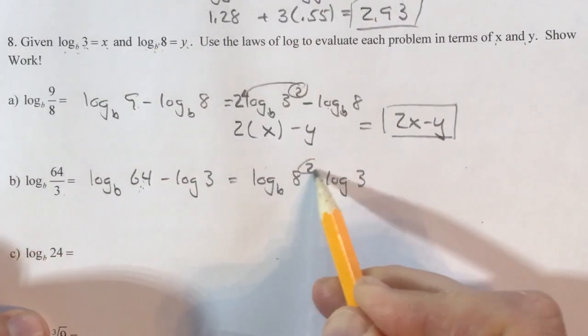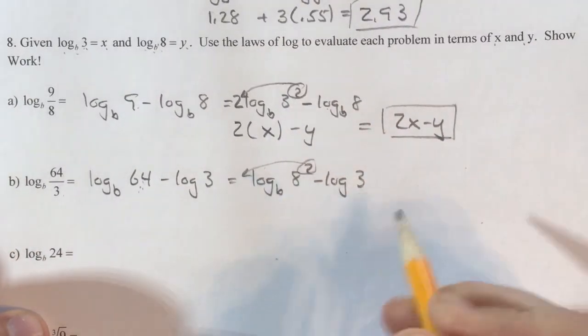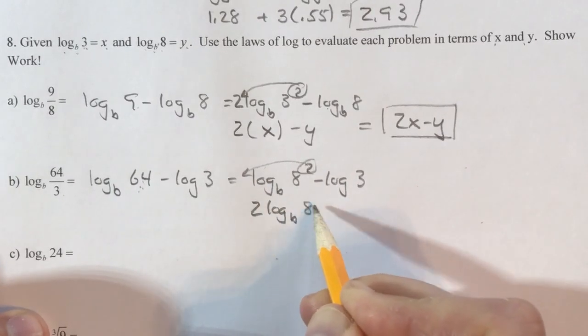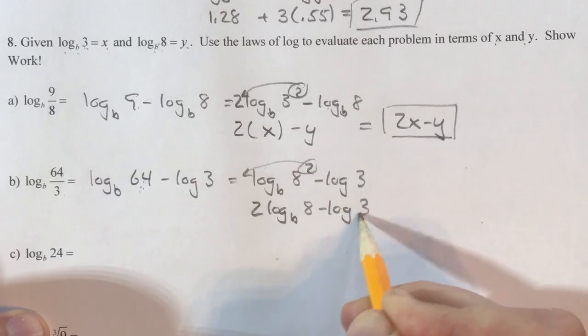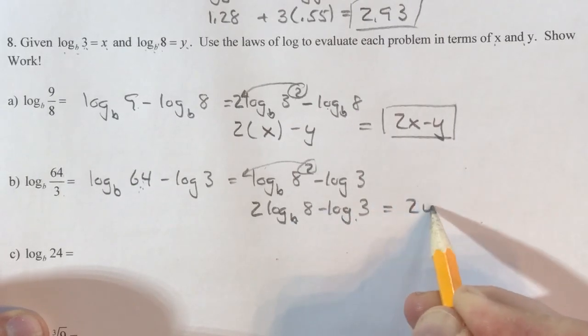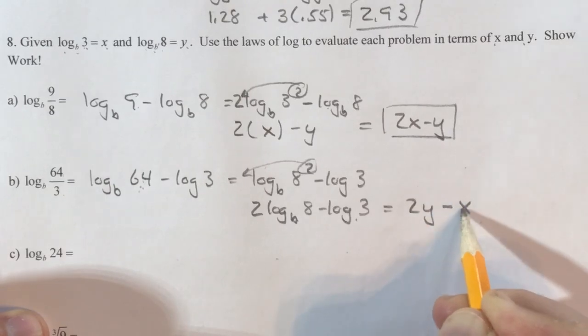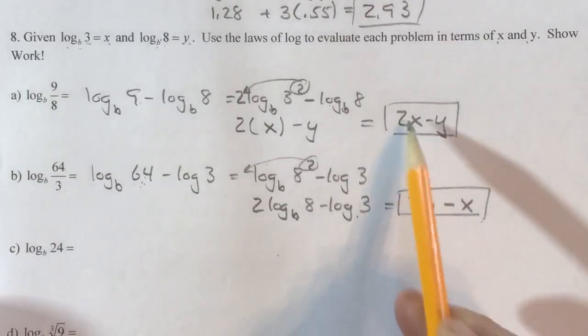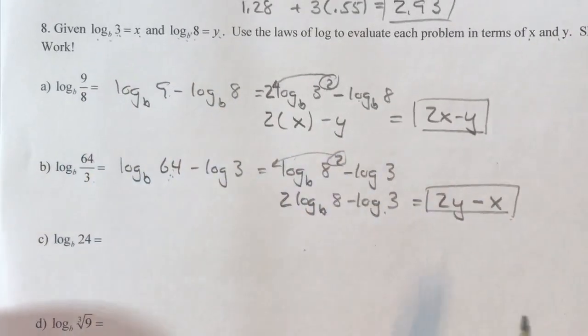And then I'm going to take this 2, just like I did up here, and go in front. I'm going to get 2 log base b of 8 minus the log of 3. That is y and that is x. So this time I get 2y minus x. Kind of good that they're very similar, because these are very similar problems.